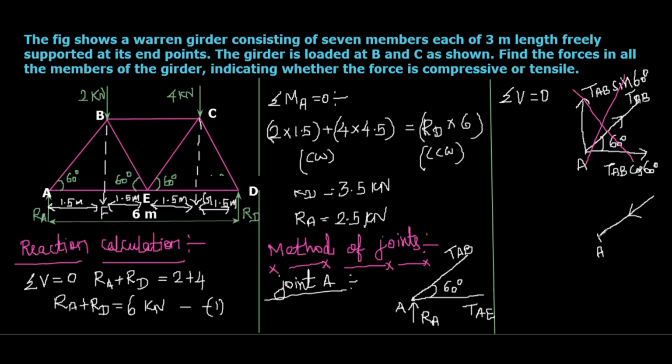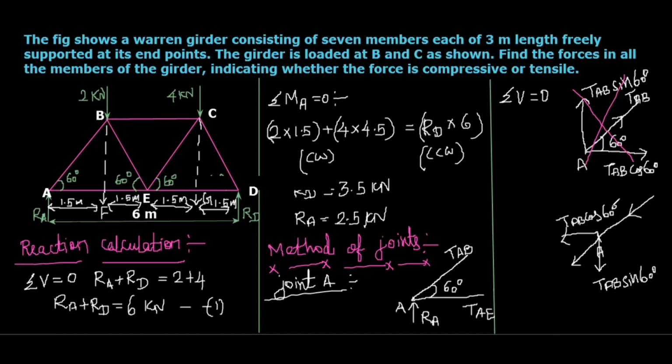As per the line of action of the force, it acts like this from the joint A. So this will be the vertical component, TAB sin 60 degree, and this will be the horizontal component, TAB cos 60 degree.